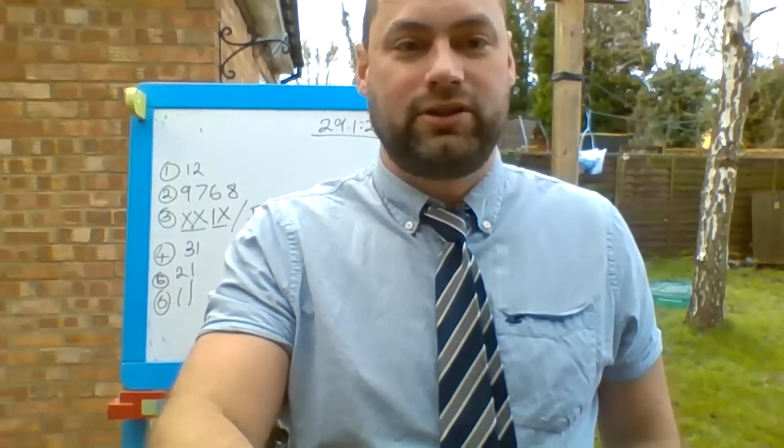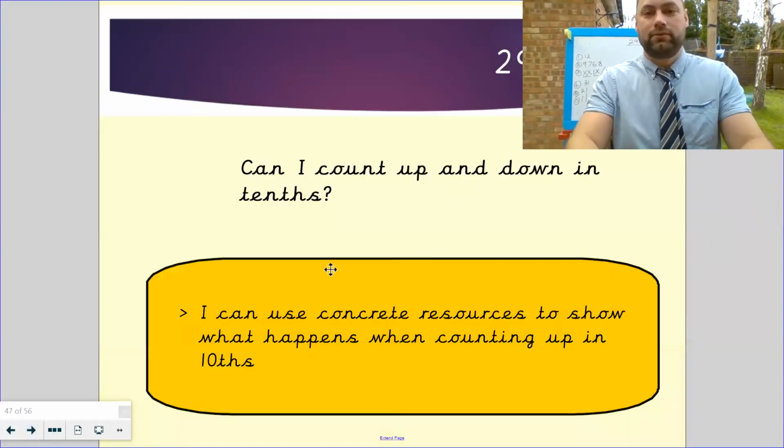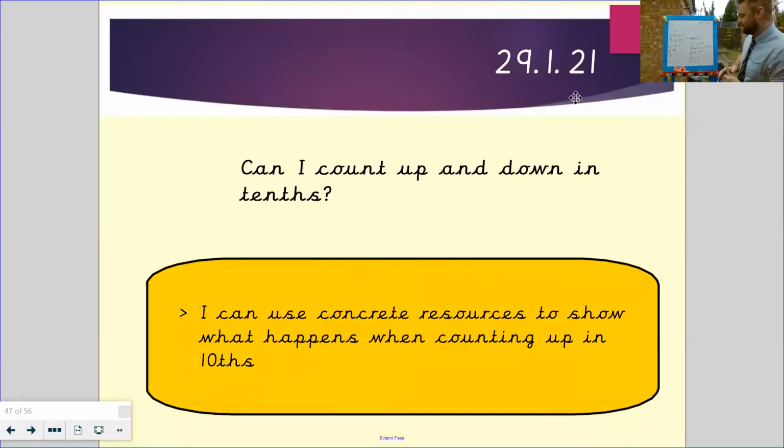There we are, back. And let's get back to sharing the screen. Oh, too big there now, you can't see. Okay, today's lesson is all about counting up in tenths. Yesterday we were looking at tenths and getting a good understanding of what tenths are.